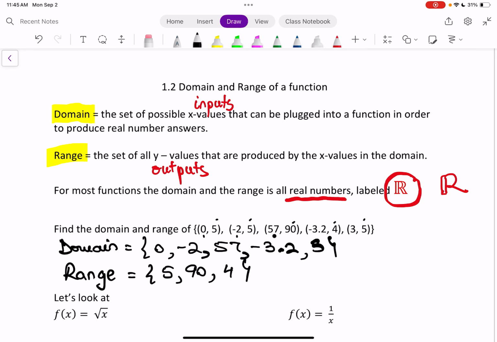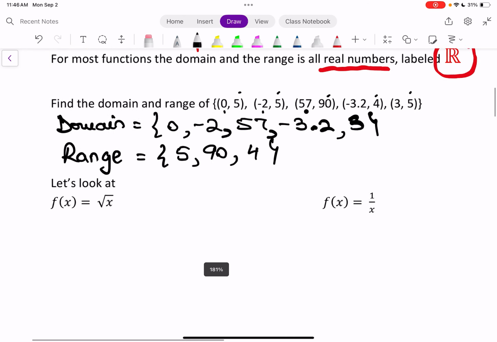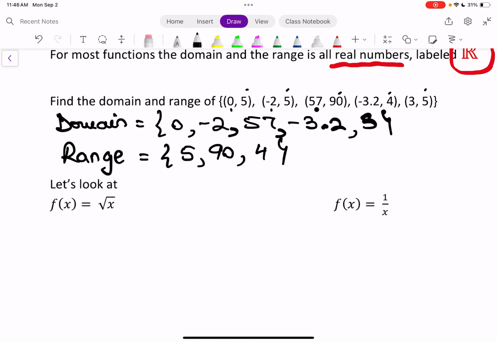Okay, now I mentioned that sometimes we can't plug in anything we wish in some expressions. The two expressions we're going to deal with in the first few chapters are the square root function and what we call rational functions.